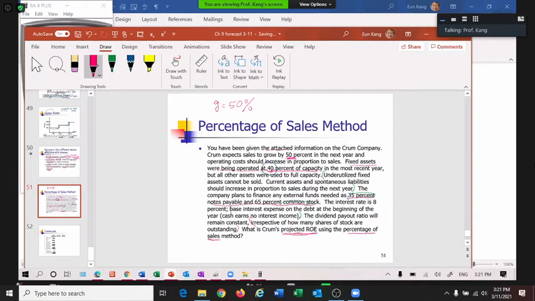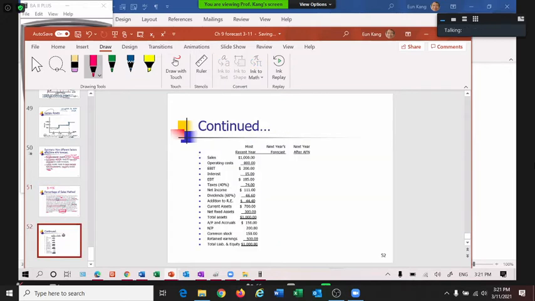So the answer is to calculate projected ROE, but to calculate that, we need to use the forecasted financial statement method. All you have to do is multiply by 1.5, because of the 50% increase, right?